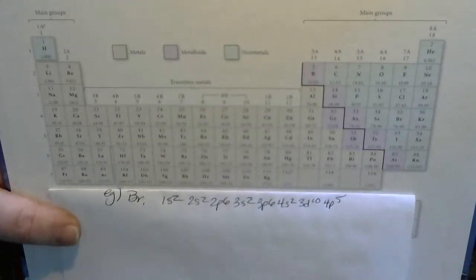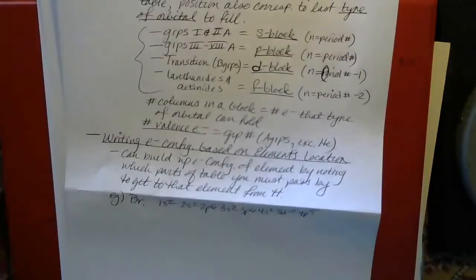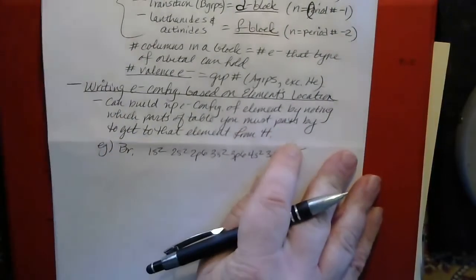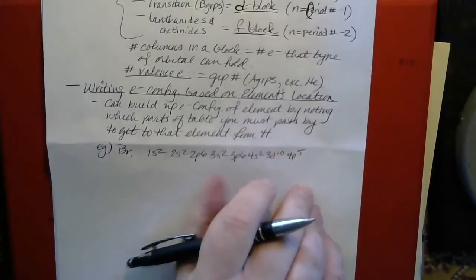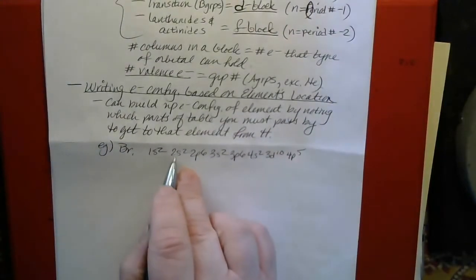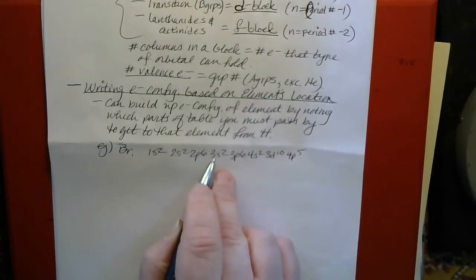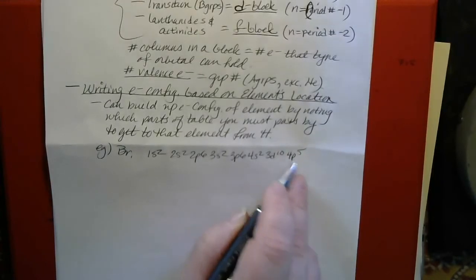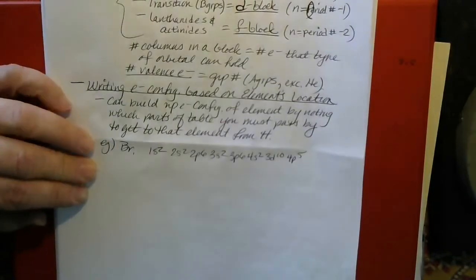And you're done. That should be the electron configuration of bromine. Let me just check it against what I had before. 1s2, 2s2, 2p6, 3s2, 3p6, 4s2, 3d10, 4p5. Yep, that's right.